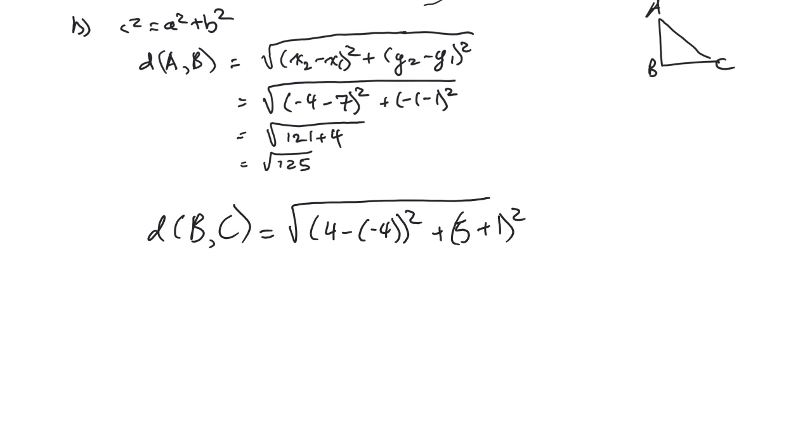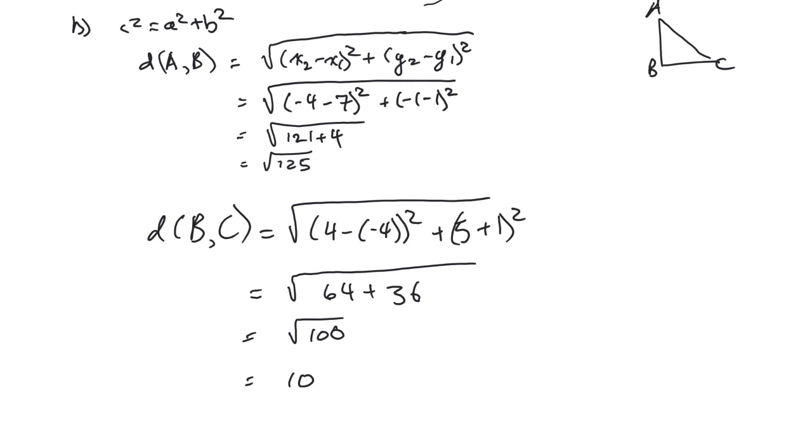So now we end up with this. Punching that into your calculator, you're going to get BC equaling 10. And now we'll calculate AC. So now we'll move on to AC.